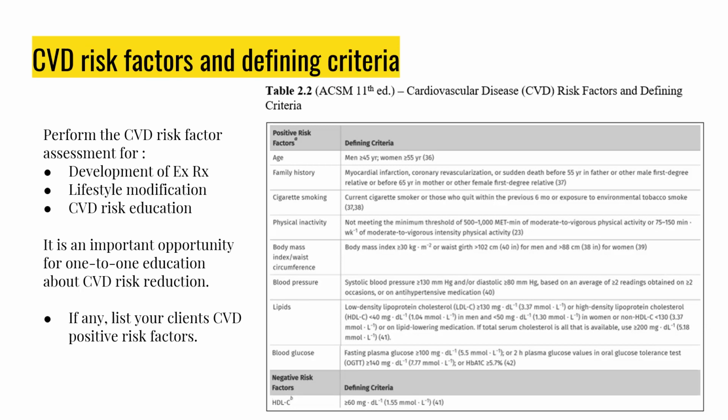Cigarette smoking, if you're a cigarette smoker, you're at higher risk. If you are a sedentary, physically inactive individual, you're at higher risk. Body mass index as well. There's the defining criteria for blood pressure, for lipids, and blood glucose.